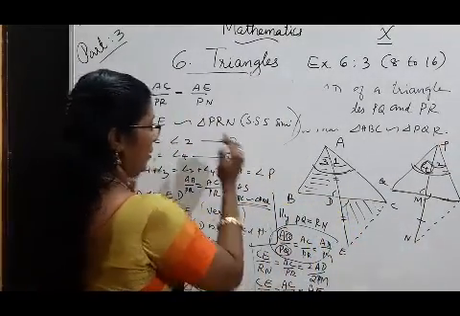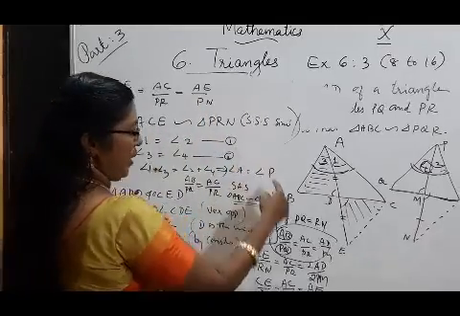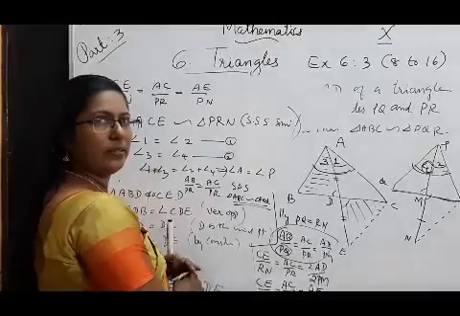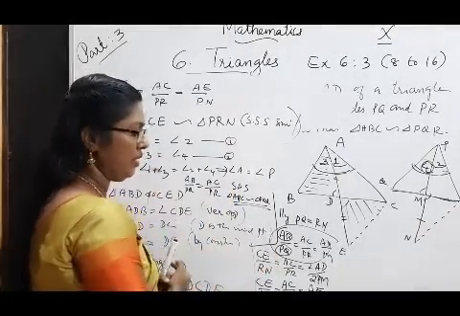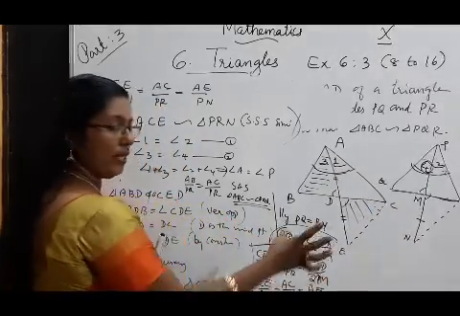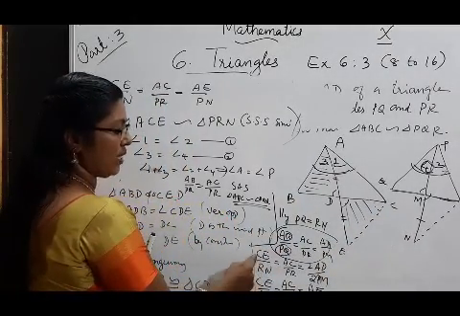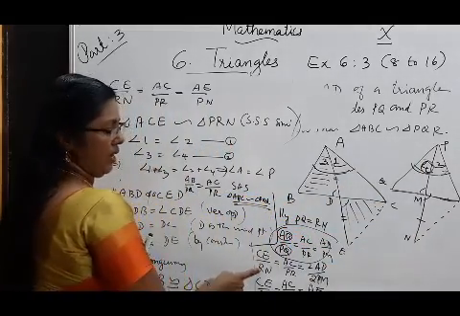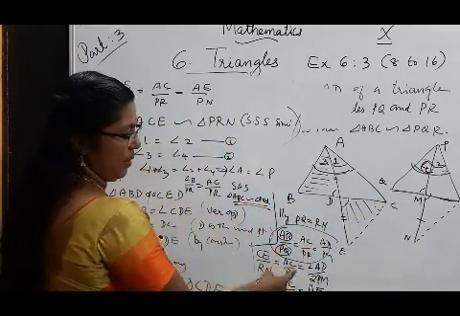Then what is given? AB by PQ, AC by PR, AD by PM. Write one more, the given condition. Then instead of AB, write EC, or CE by RN. Here PQ and RN are equal, so CE by RN. Then copy this AC by PR.